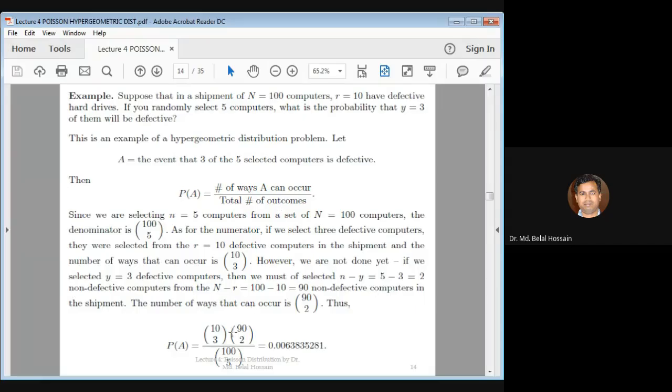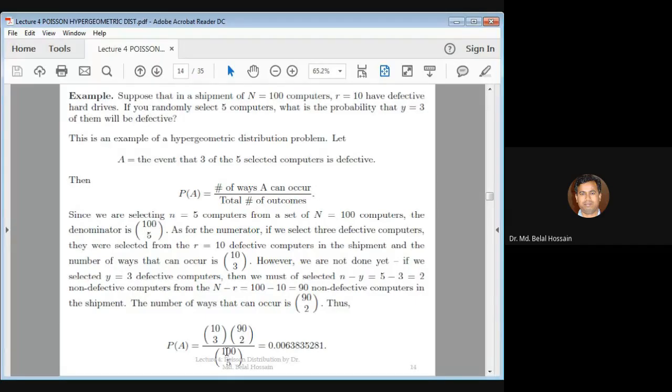N equals 100, 10 have defective hard drives, so this is the R. Okay, so when we have 10 defective, the non-defective items are N minus R, that is 90.